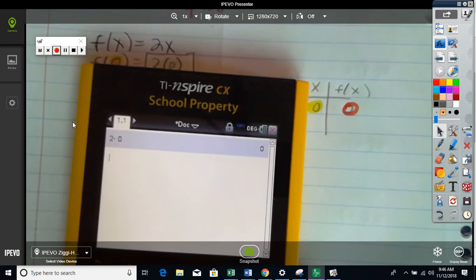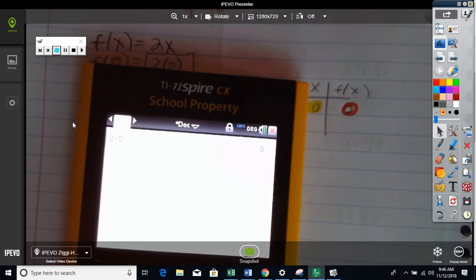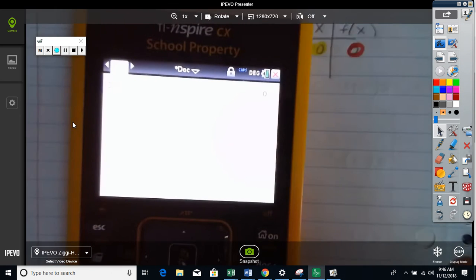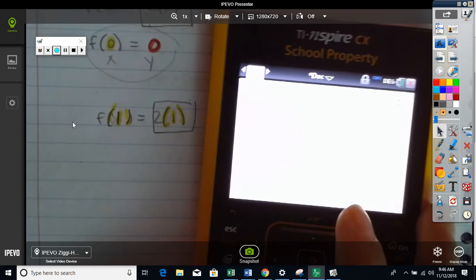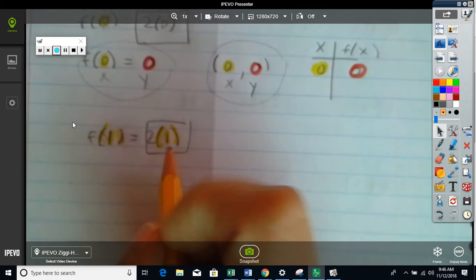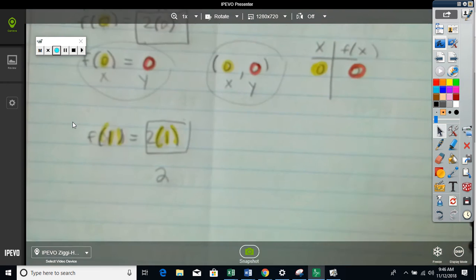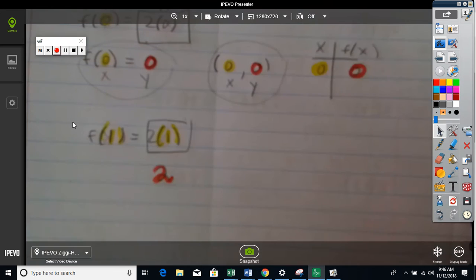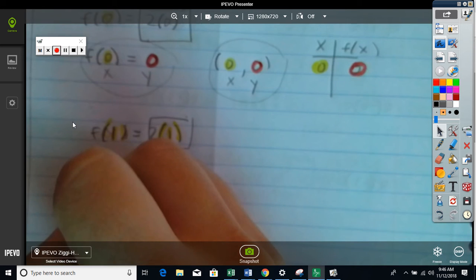In the calculator, I just put this part in the calculator: 2, parentheses, 1. Someone tell me what you got. Okay, so it equals 2, and that's the y value. So the x value was f of 1.